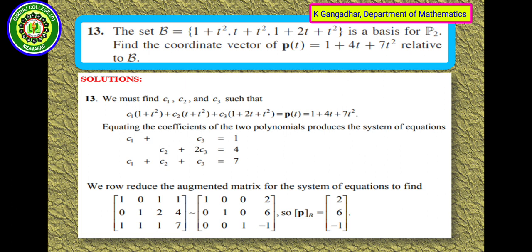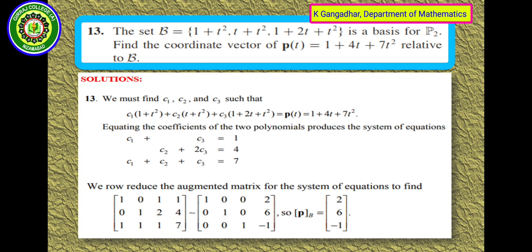So we compare both side coefficients. Constant values: C1 + C3 = 1. t coefficients: C2 + 2C3 = 4. t^2 coefficients: C1 + C2 + C3 = 7.